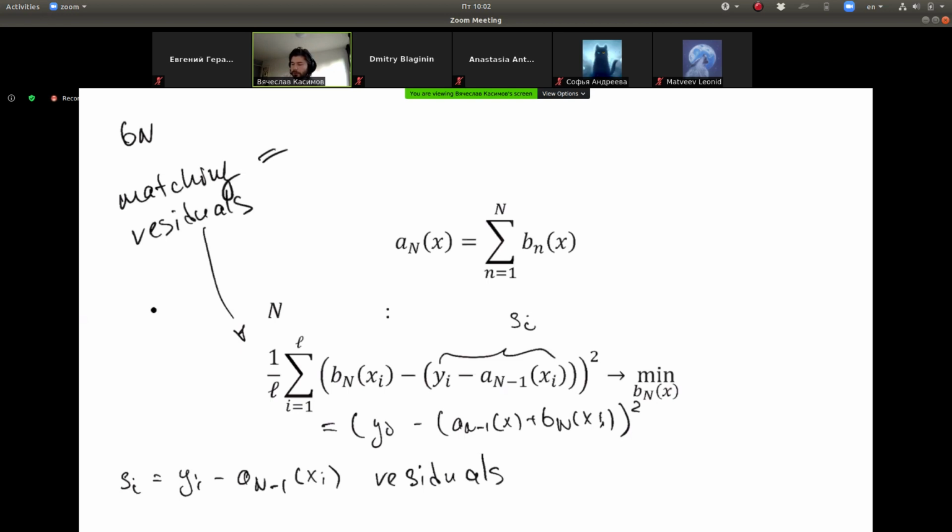This is very aligned with our idea to reduce errors sequentially. For each object i, we look at the error at this particular object in our training set, and the new algorithm tries to reduce these errors for each object.